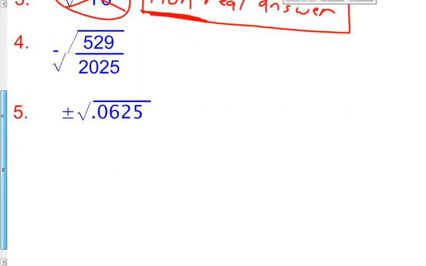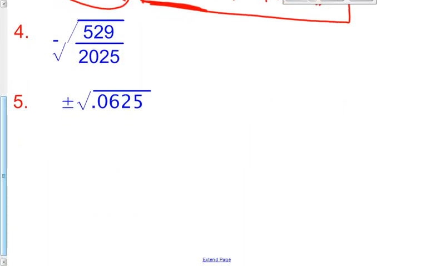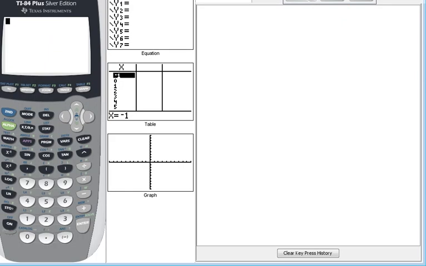Alright, for number 4, we probably don't have this one memorized, but if you put the square root of 529 into your calculator, I'm sure everyone knows how to do that. I will just show you once. It's the second squared button, x squared. So you press second x squared, which is the square root button. So now that you know where that is, all you have to do is put in the number 529, and your calculator spits out the answer as being 23.